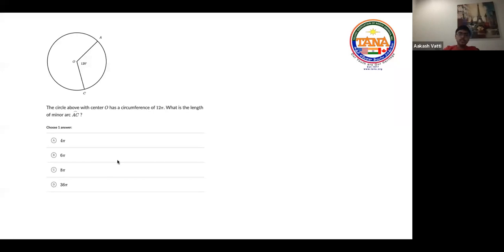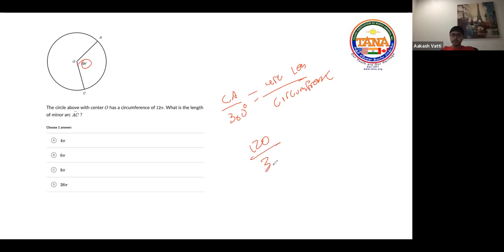So the way you do this problem is, again, the formula that the central angle over 360 degrees is equivalent to arc length over circumference. And so we plug in the values that we know. We know that the central angle is 120 degrees. So 120 over 360 is equivalent to x over 12 pi, because the circumference is 12 pi.